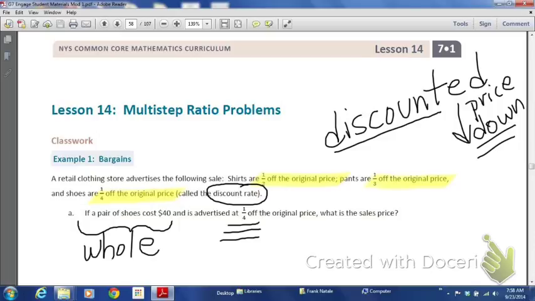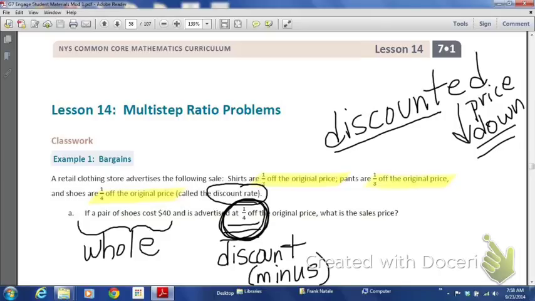Now this same pair is offered at 1/4 off. So here's our discount, 1/4 off. We're going to actually take that off. So we are going to minus that part.